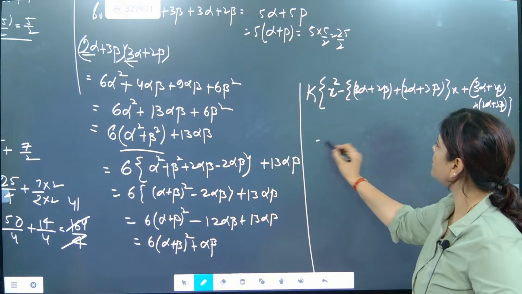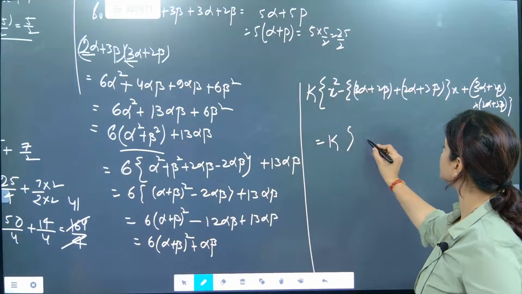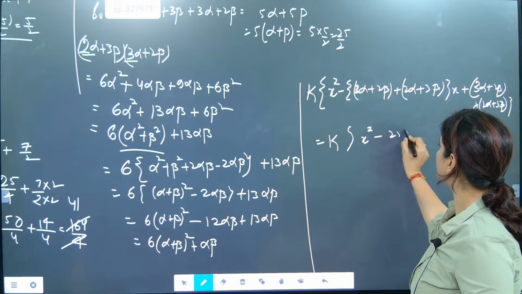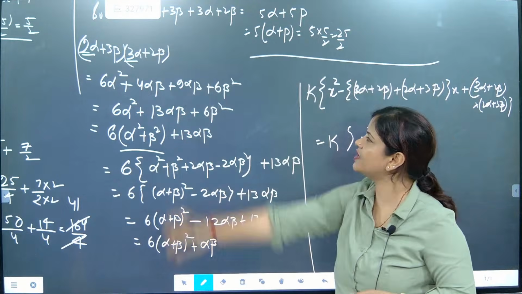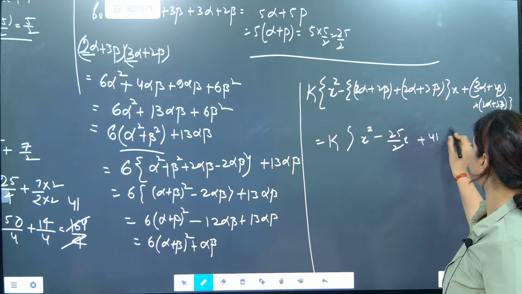Now we have all the values. It is coming as x square minus 25 by 2 x, we got this one, addition, and multiplication answer is coming as 41. That's it.